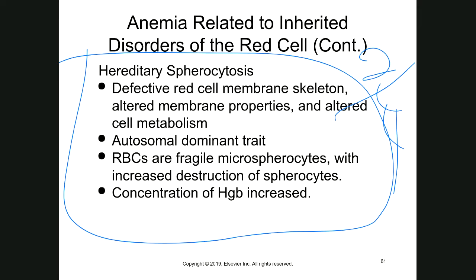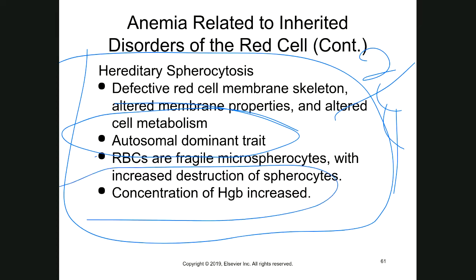And obviously, it is an autosomal dominant trait, meaning that there are some implications of the sex chromosome too. Red blood cells are fragile. Basically, they can be destroyed very easily when they pass through the body. Concentrations of hemoglobin tend to be a little bit increased. Careful with this one, multiple choice.